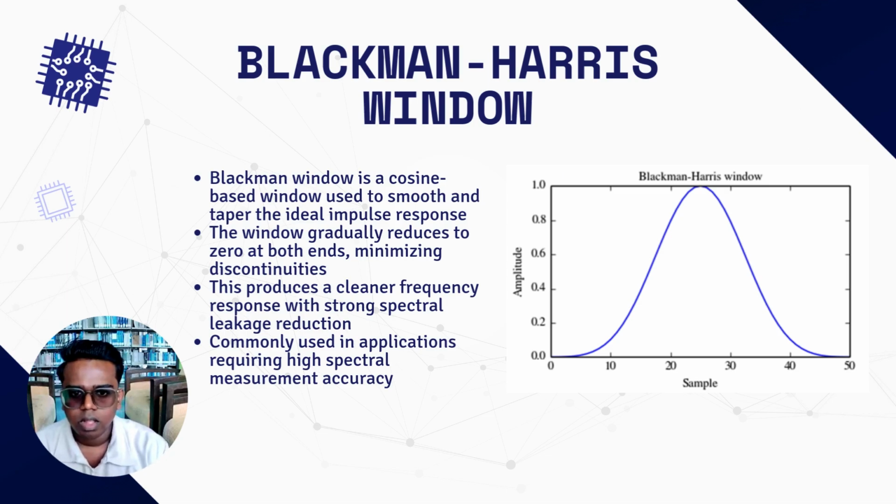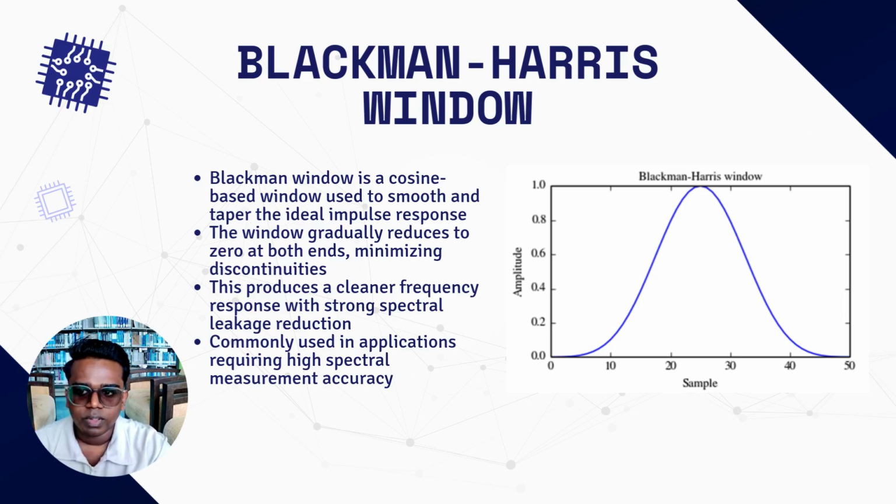Okay, now I'm going to explain what the Blackman-Harris window is. It is a cosine-based window function, an extension of the Blackman window. The ideal impulse response is smoothed and tapered by the window.